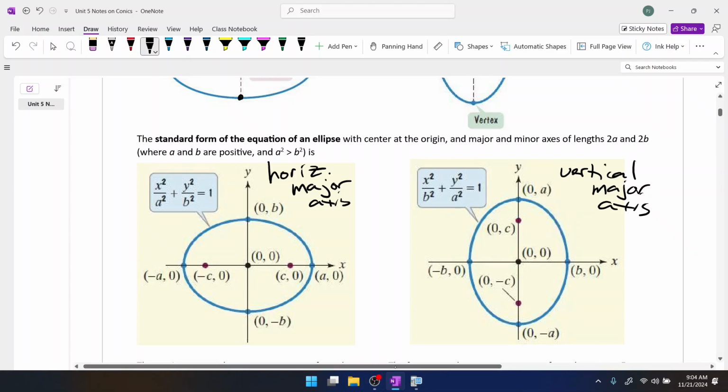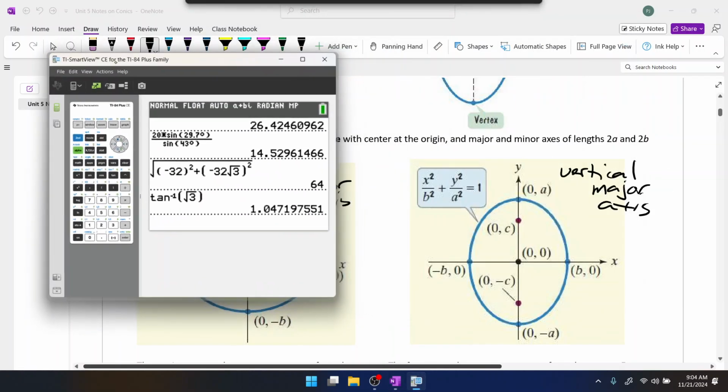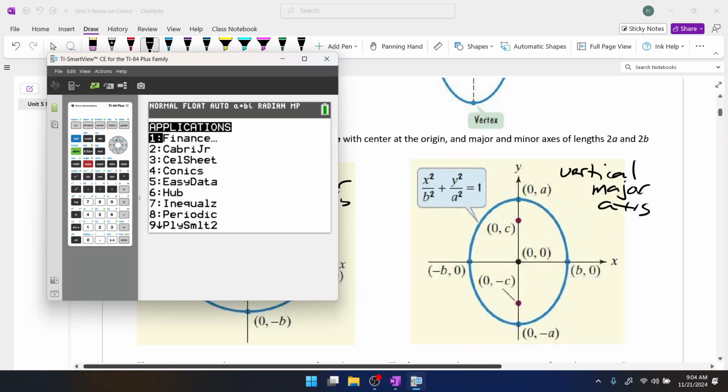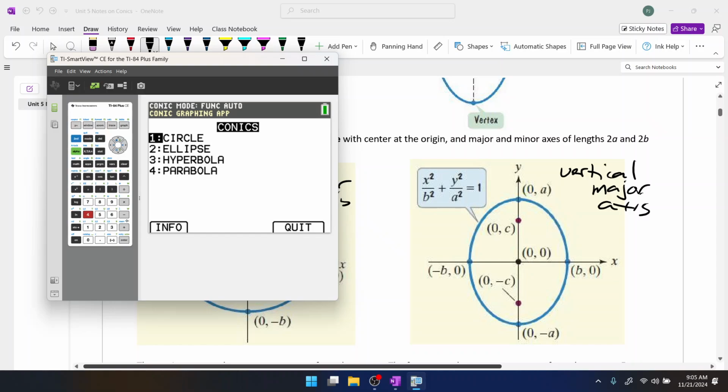Now, we're going to talk about those C values in just a little bit here. Now, A squared is going to be greater than B squared no matter what. So basically, if you look and see the larger of the two is under the x, then it's going to be a horizontal major axis. And if the value under the y squared is larger, then it's going to be a vertical major axis.